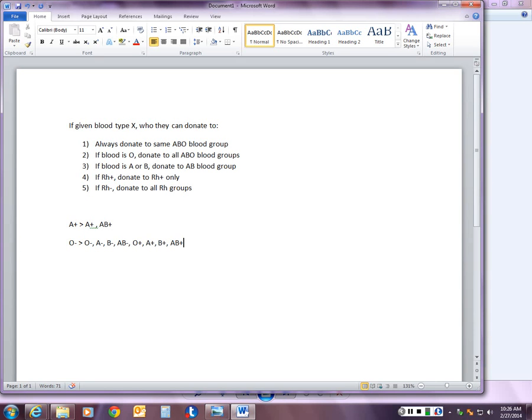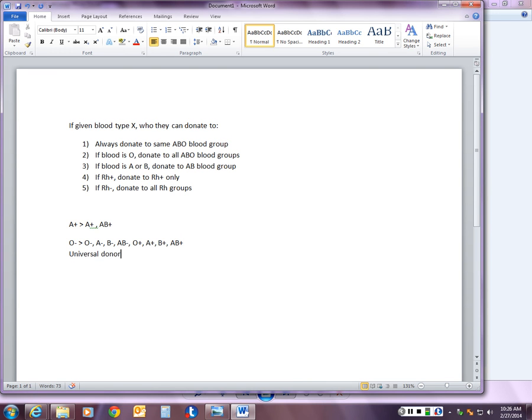If you look at the potential people who could receive blood from somebody who is O negative, it's every possible combination, all 8 possible combinations between the ABO and Rh groups. Due to that fact, people who are O negative are going to be your universal donor.